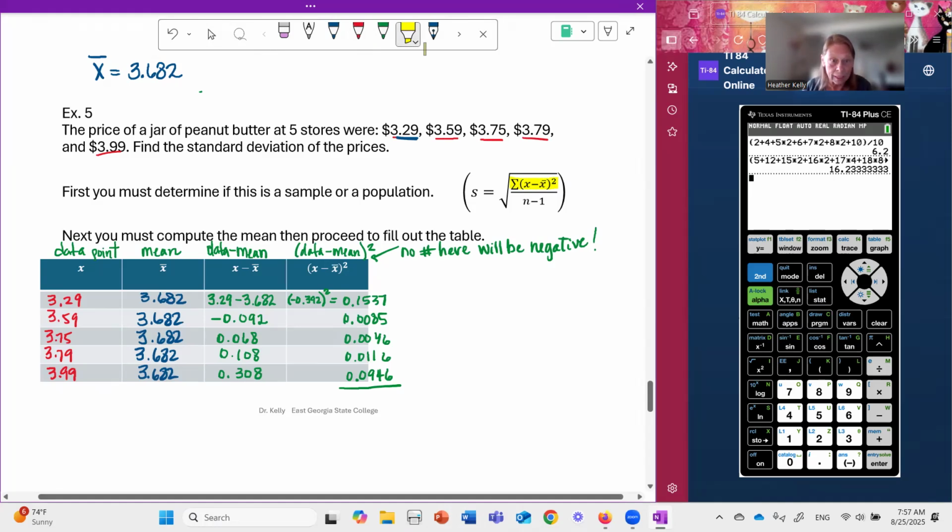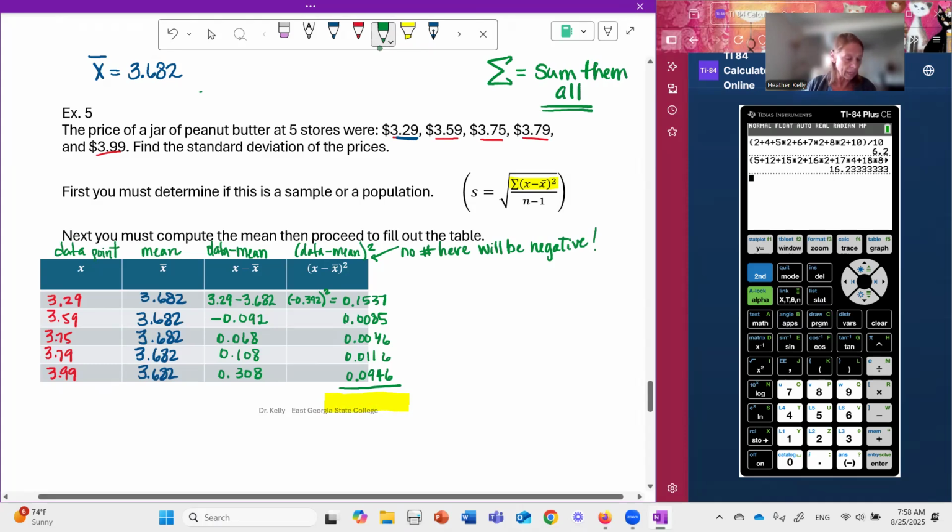That is what we're going to get when we add these up, because notice what we've got here: the x minus x bar quantity squared. That's exactly what the top says, except it's got this crazy Greek letter, and that Greek letter means sum them all. In other words, add them all together.